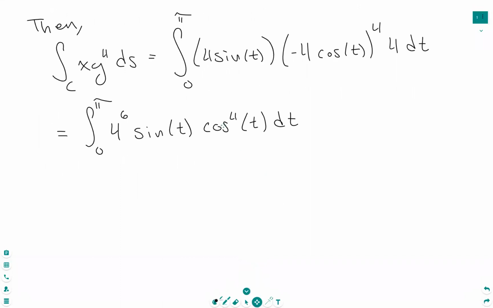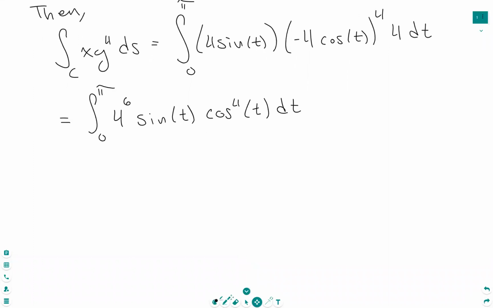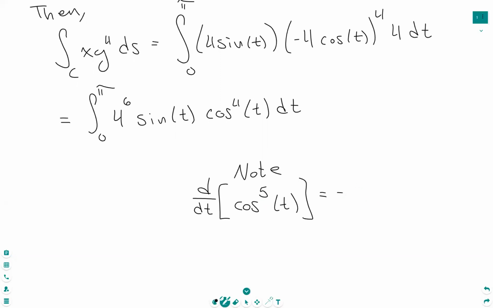We could try some trig substitution here, but I really like that this is to the 4th power and that this is to the 1st power, because I can do a little sly note here. If I thought about taking a derivative of cosine to the 5th of t, I would get negative 5 sine of t cosine to the 4th of t.